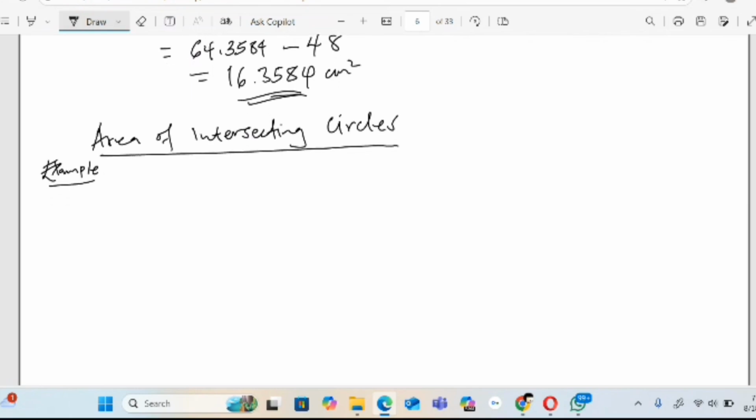In the figure below, chord AB is equal to 9 centimeters.